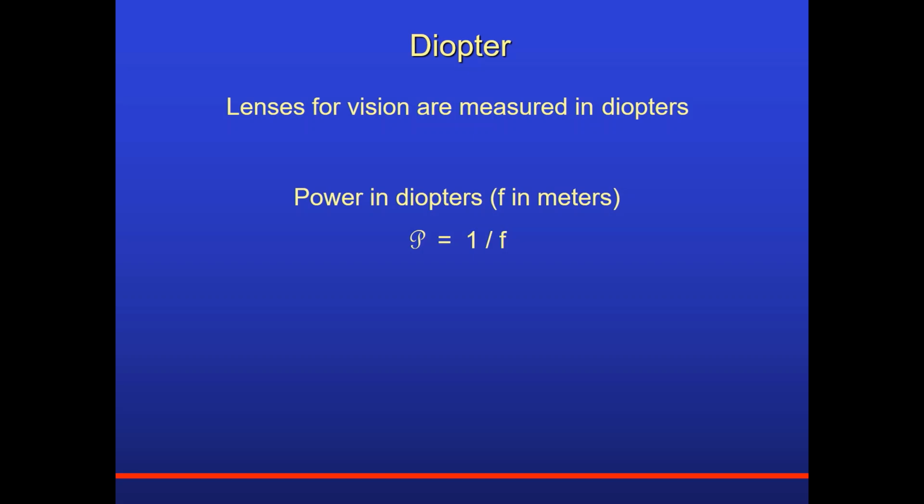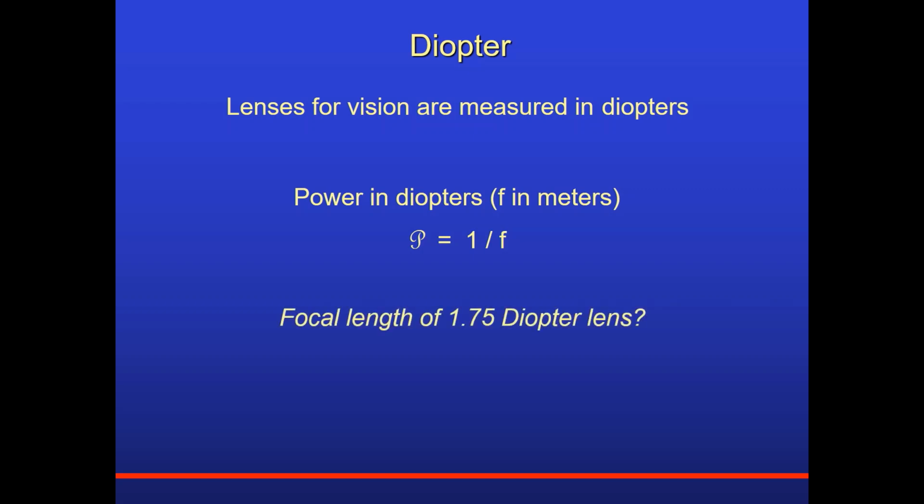Diopter, also called the power of the lens, is 1 over the focal length of the lens, where the focal length is expressed in meters. If you have any kind of vision correction, whether eyeglasses or contact lenses or even reading glasses, those lenses are specified in diopter. So let's understand what that unit is.